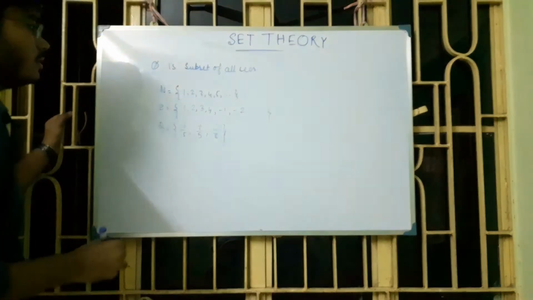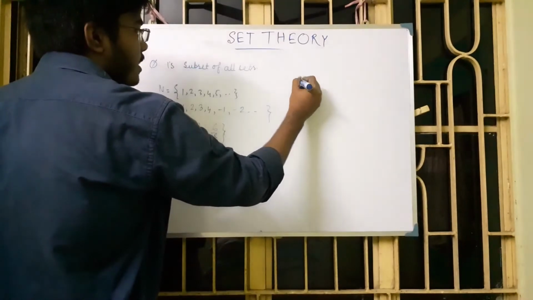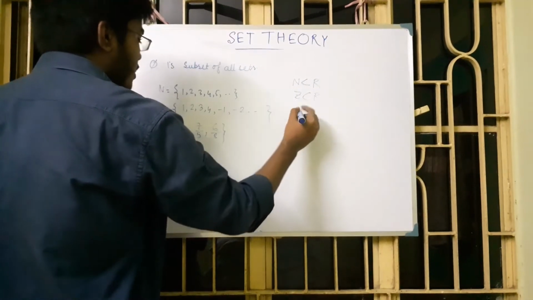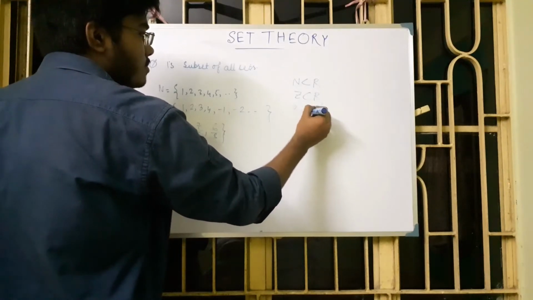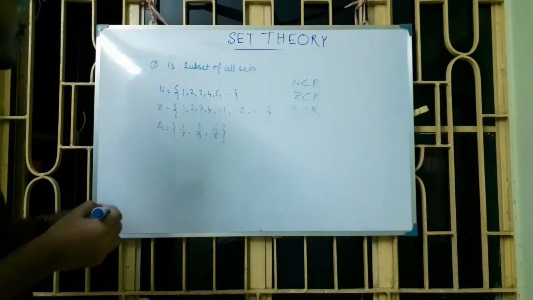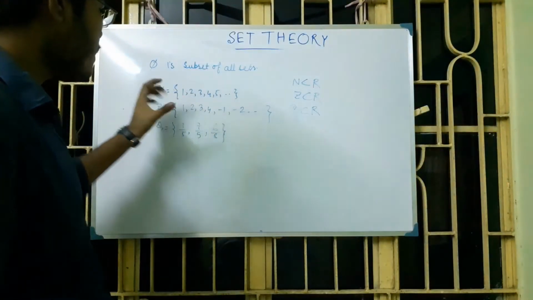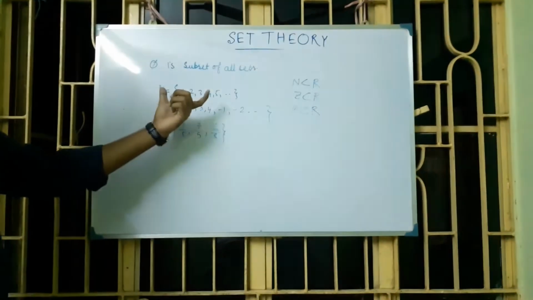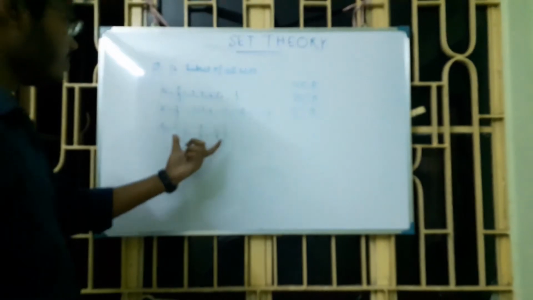These are subsets of real numbers: N is a subset of real numbers, Z is also a subset of real numbers, Q is also a subset of real numbers.